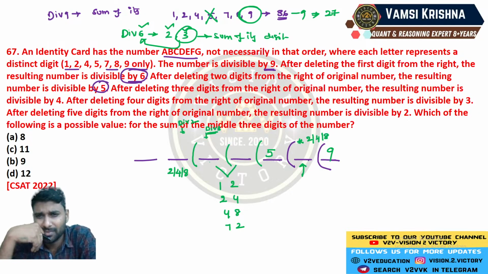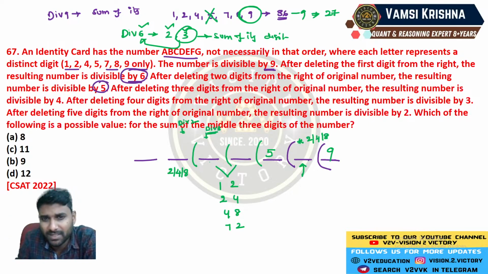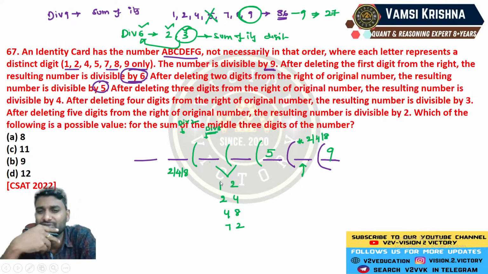Now, divisible by 4, the possibilities here are 12, 24, 48 or 72. These are the different possibilities we have. And divisible by 3 means the sum of its digits. Now, what is the possibility we have?